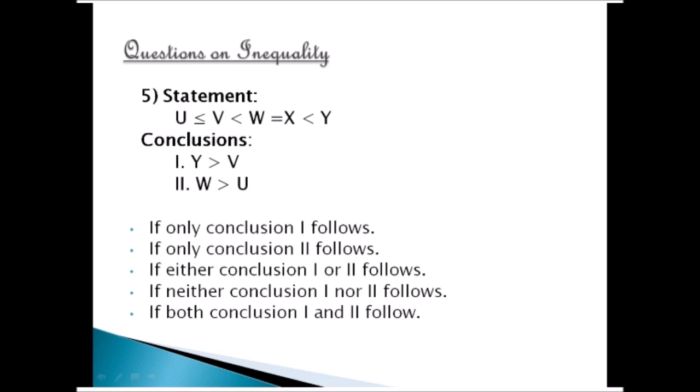Move on to question number 5. Hope now you can solve these questions. So the first conclusion says Y to V. Y is my starting point and V is my destination point. Here I can move from Y to X, so there is outgoing from Y. Now I have to check V, is there any incoming or not?